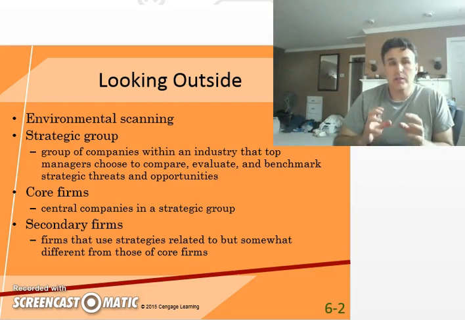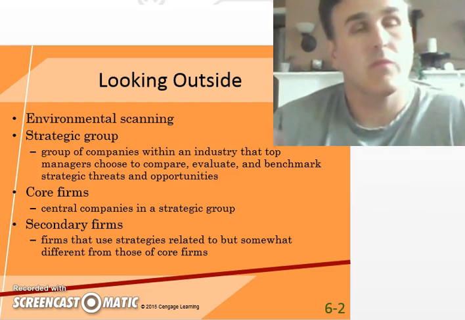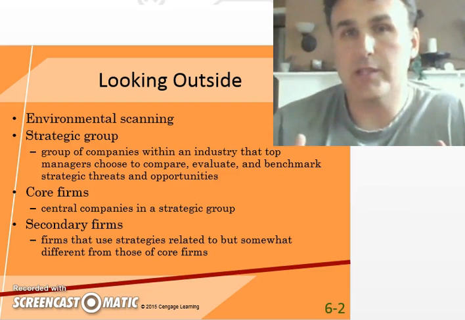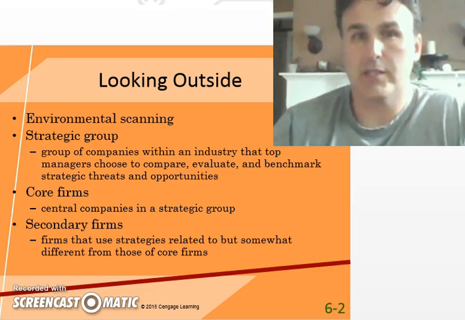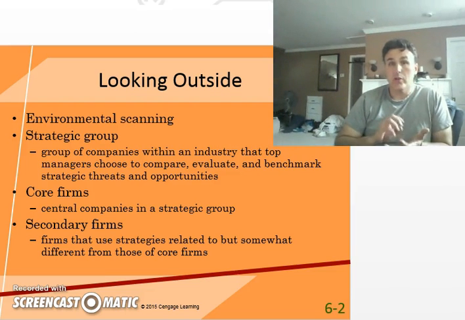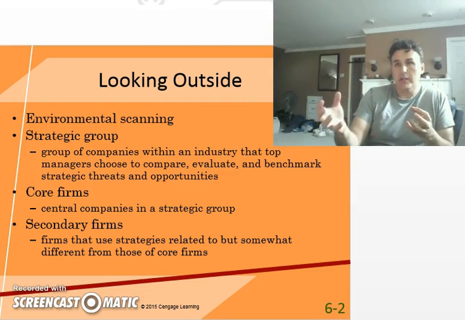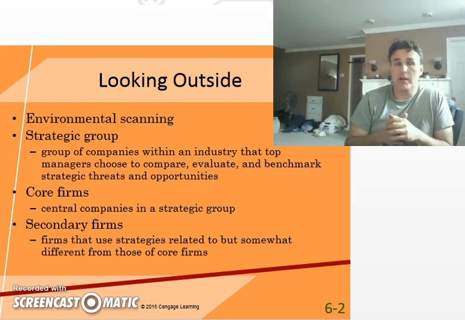Strategic group. This is a group of companies that are in our competitive marketplace that we compete with on a regular basis. So if I'm McDonald's, my strategic group would be those companies that are closest to the customer set that I'm trying to encourage to come into my shop.